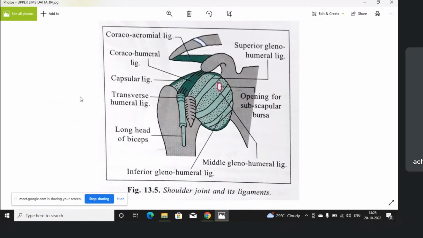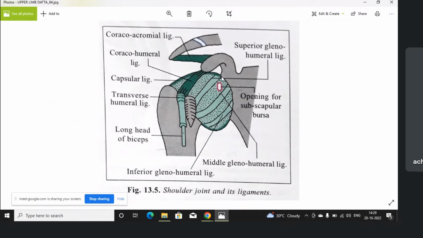Above, it is attached to the peripheral margin of the glenoid cavity.